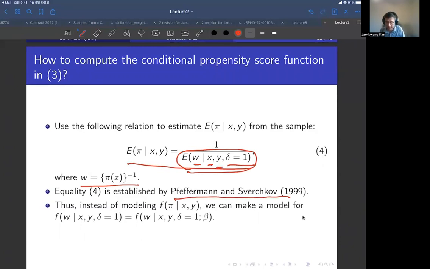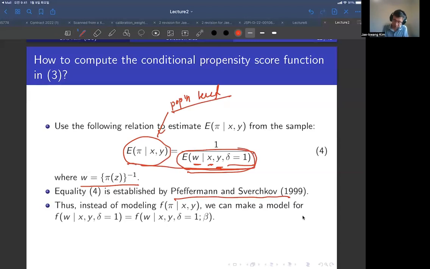Remember that in the sample we observe everything. We observe x and y and w, everything. So conceptually we should be able to estimate this conditional expectation. This part is more difficult because it's a population level. The problem is that because of the sampling, the distribution at the population level is not equal to the distribution in the sample level.